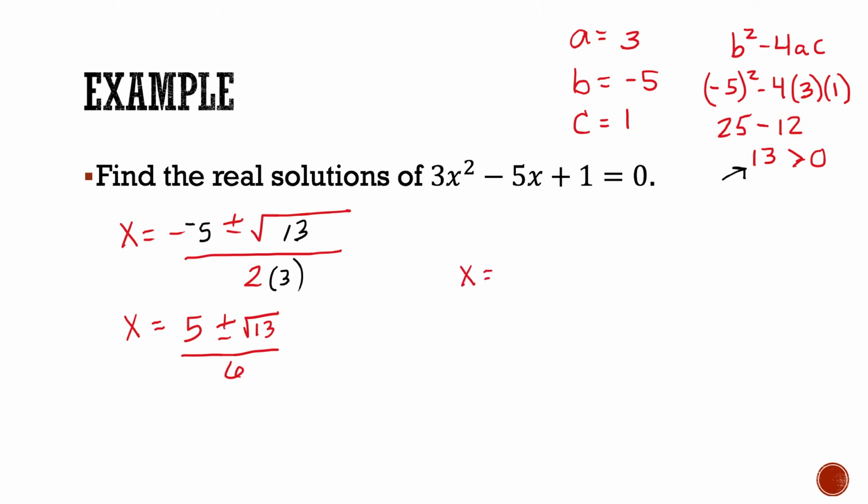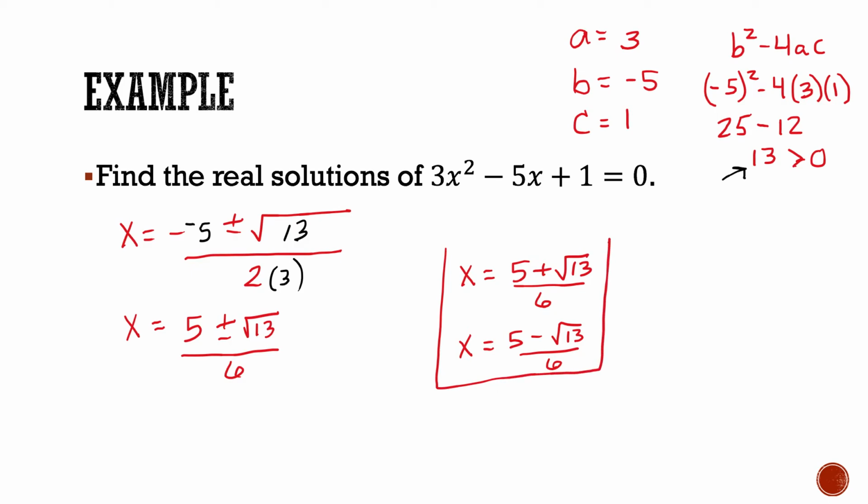So if you wanted to write it out, you could say that one solution is 5 plus the square root of 13 over 6. And a second solution is going to be 5 minus the square root of 13 over 6. And so these are the 2 real solutions that we were told we would have based on our discriminant.